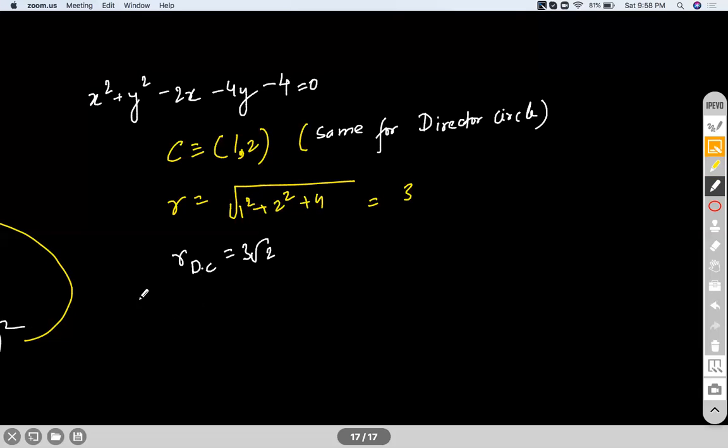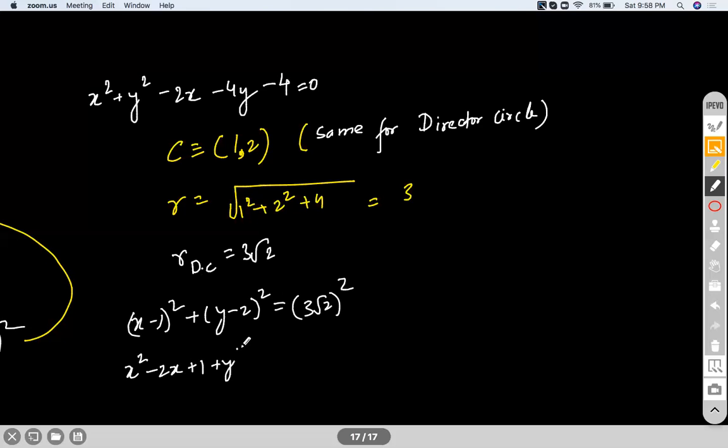So its equation will be (x minus 1) whole square plus (y minus 2) whole square is equal to (3 root 2) whole square. That's nothing but x square minus 2x plus 1, y square minus 4y plus 4 is equal to 18, which is nothing but x square plus y square minus 2x minus 4y minus 13 equal to 0.